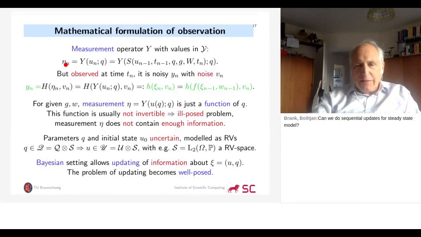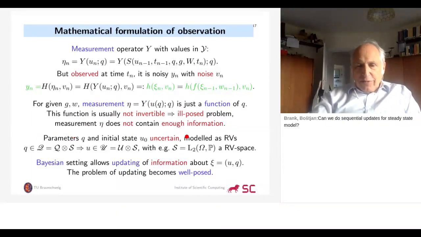We want, knowing eta, that's the observation, not just the probability of it, but the observation, we want to know what is Q. If we look at this just as a function of Q, then this function, unfortunately, is not invertible, but this is what we want. So it's not invertible, and that's why this inverse problem is an ill-posed problem. You want a function which gives you Q in terms of eta, but such a function does not exist. Typically, the reason is that the measurement does not contain enough information.